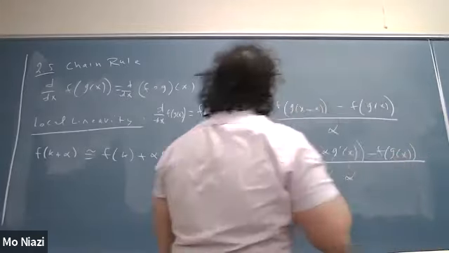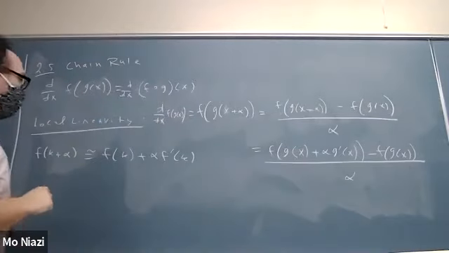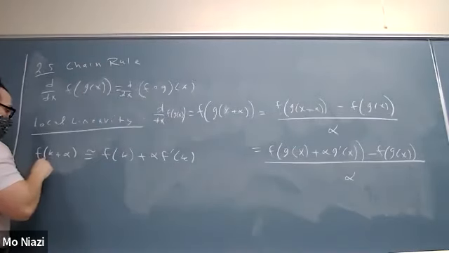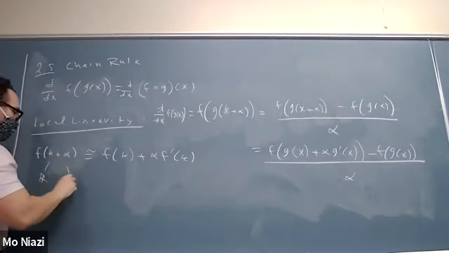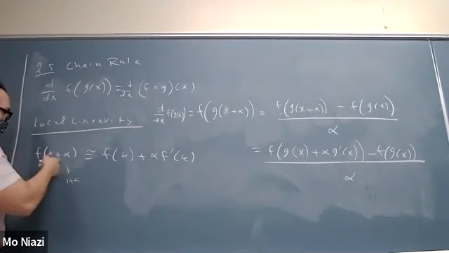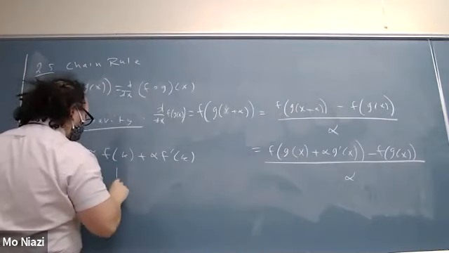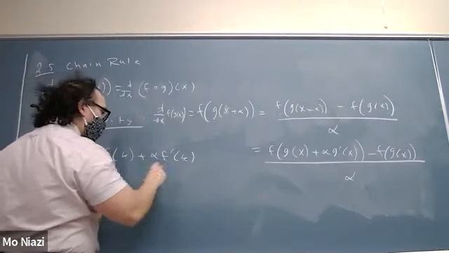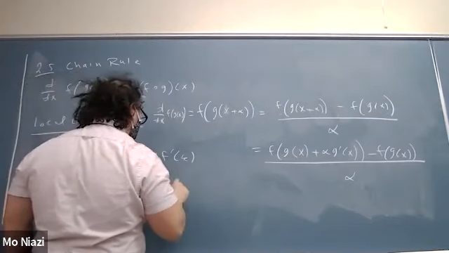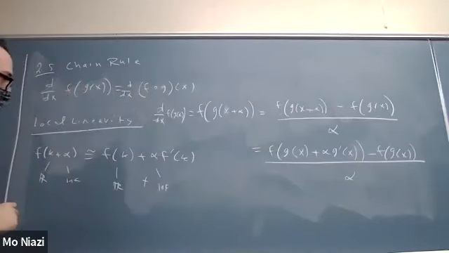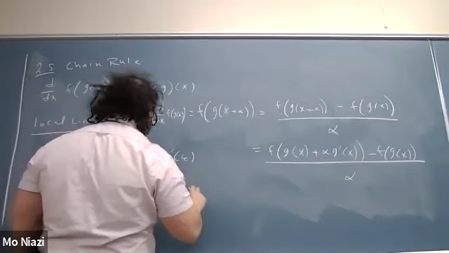And here comes the tricky part. Remember in local linearity, f of k plus alpha, this k is a real number and alpha is an infinitesimal. So a real plus an infinitesimal gives us a real plus an infinitesimal times the derivative.